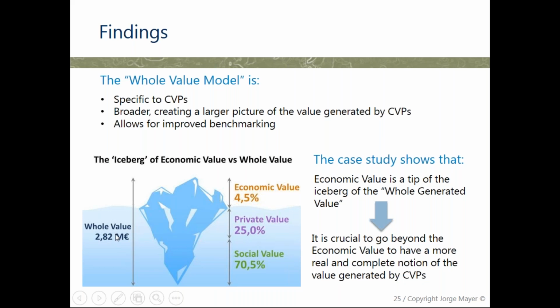We have a whole value of 2.8 million euros, and the economic value, which is the one that has an international methodology for it, doesn't account for not even 5% of the whole value that we're talking about.